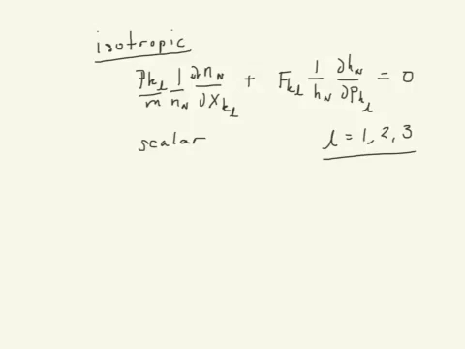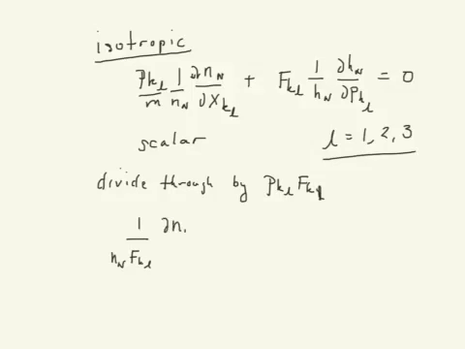So we can now divide through by the product p_kL f_kL and obtain a separable equation, and we'll move the mass to the other side.